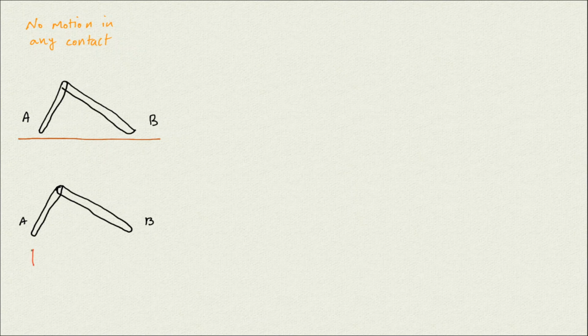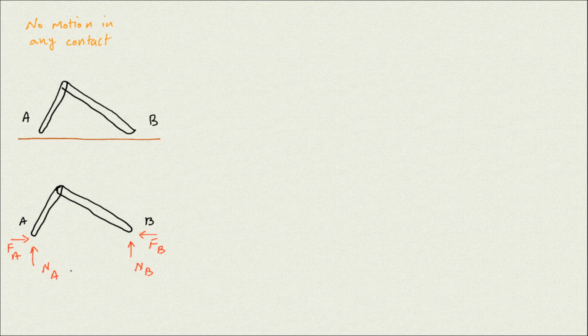At point A there is an NA, and at point B there is an NB. For friction, we will have two frictions, FA and FB. In that case we don't need to be much worried about the direction of FA and FB, because everything is static.